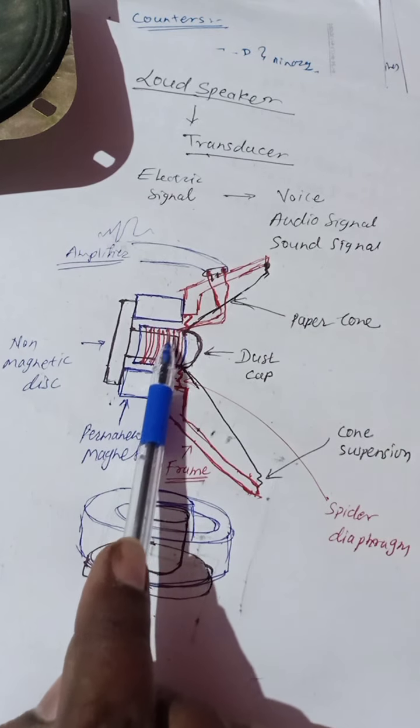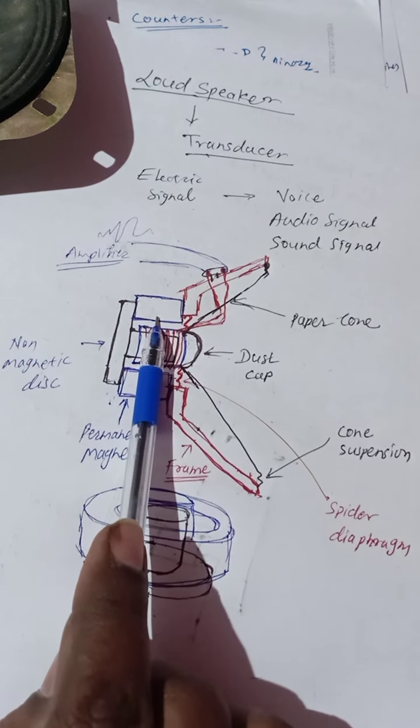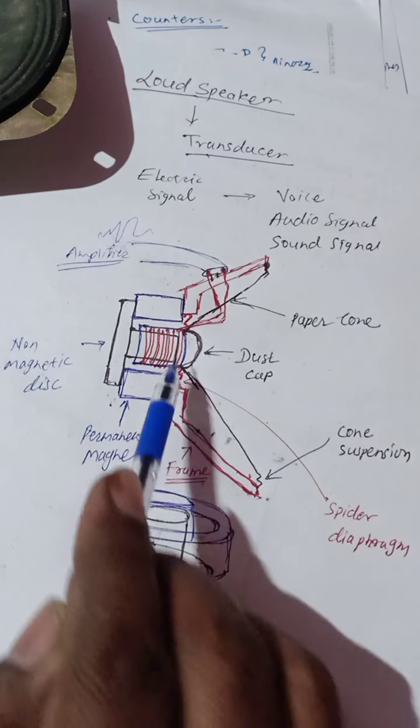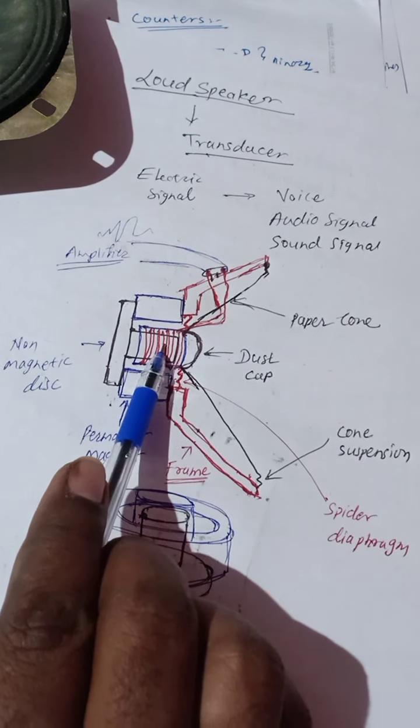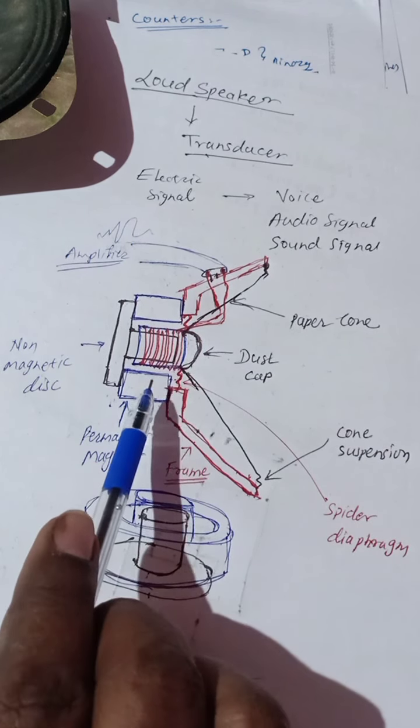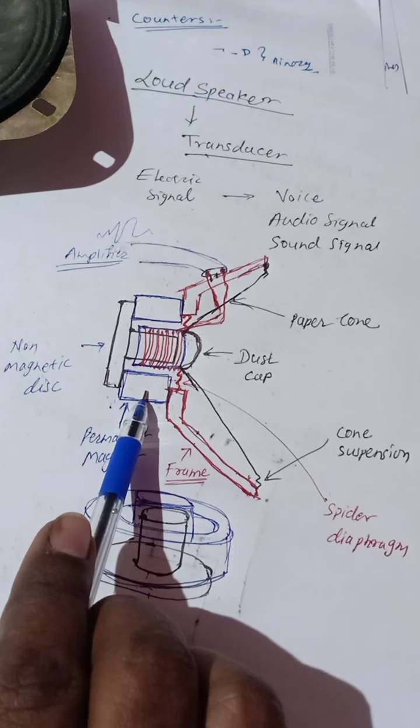As this changing magnetic field and the field of the permanent magnet interact, there is a repulsive force between the magnetic field produced by this coil and the magnetic field of this permanent magnet.